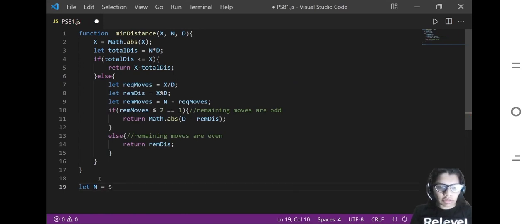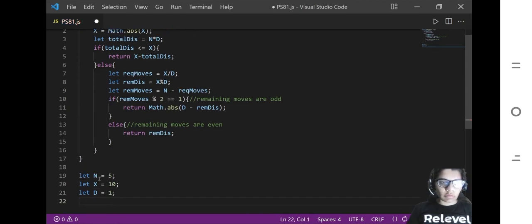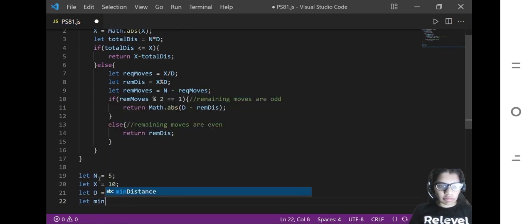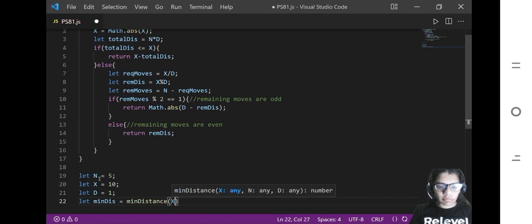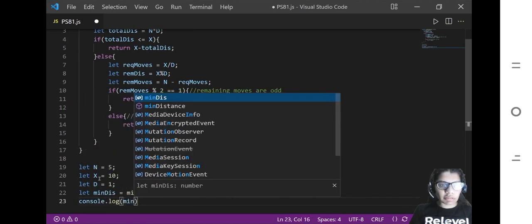When n is equals to 5, or let's say distance x is equals to 10, and you can only make moves of distance 1. So let d is equal to 1. Now let the minimum distance returned by your function minDistance is x, n and d, which we would be passing to it. And let's just console.log your minimum distance.